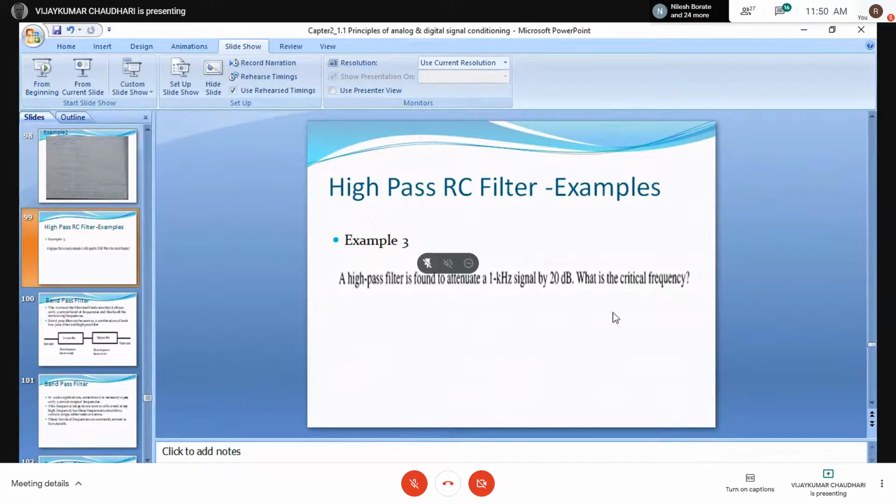I'll check it in next lecture. Write down: a high pass filter is found to attenuate a 1 kilohertz signal by 20 dB. What is the critical frequency, Fc? Right?